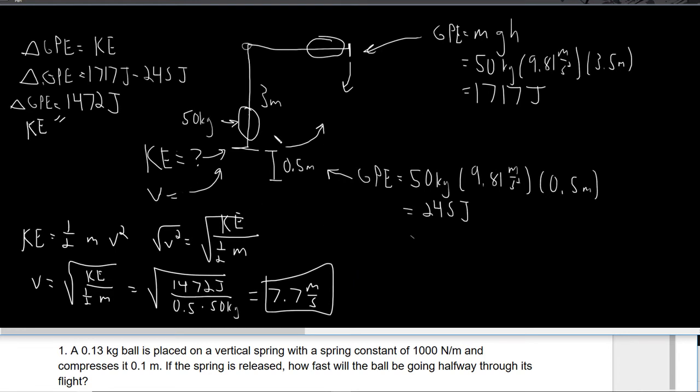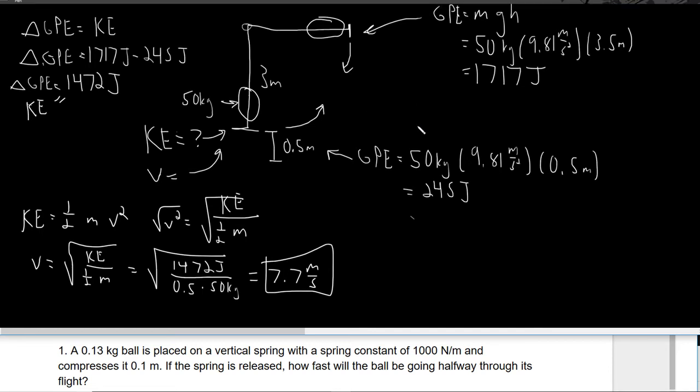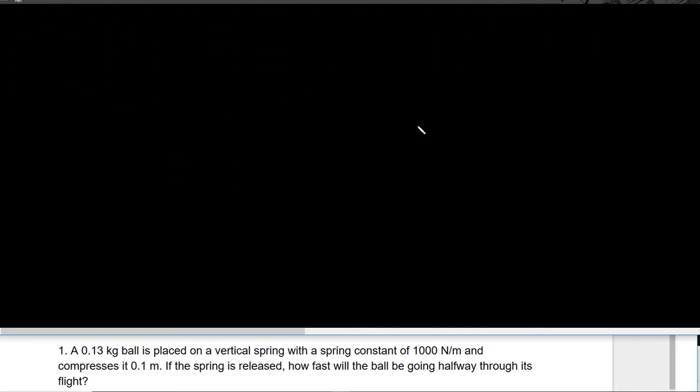All right, so that's energy transformations when we're not really converting all of our energy. So bringing this to mechanical energy, really what we're going to find is mechanical energy is the sum of all of the energies of an object.